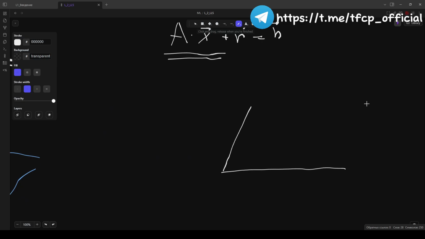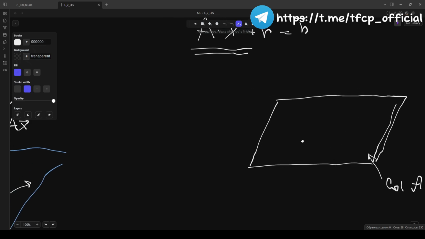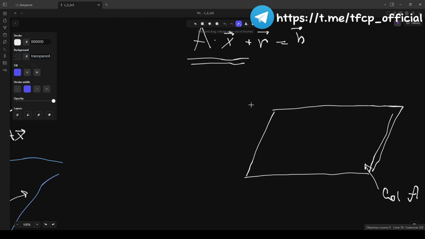Let this be the plane that is generated by the matrix A, the column space of matrix A. When I multiply the matrix by any two-dimensional vector x, I end up in this plane.